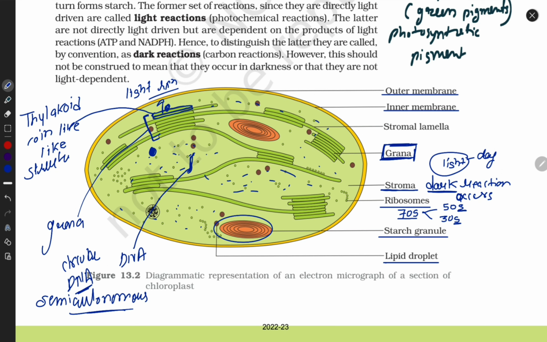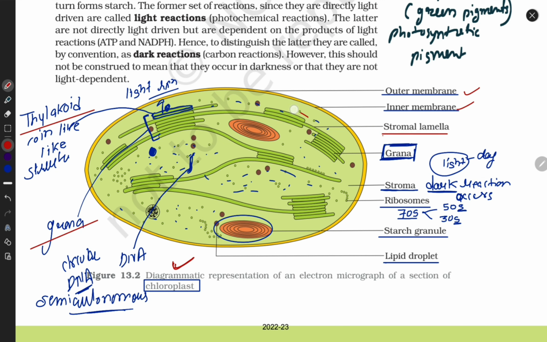This is the diagrammatic representation of the chloroplast, guys. You have to remember this diagram. You have to know all the things: what is thylakoid, what is grana, what is stroma, where the light reaction occurs, where the dark reaction occurs, what is the outer layer, what is the inner layer, what is stroma lamellae.